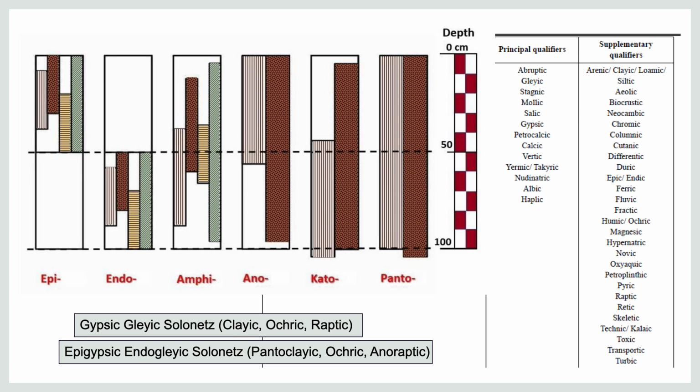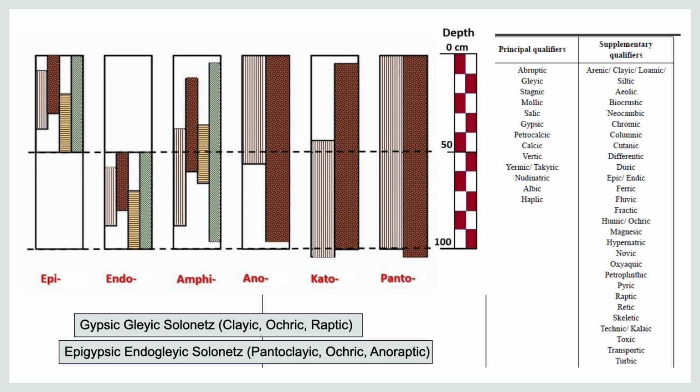So for example, if we have gleyic properties that start at 50 but end before 100, for example 90 or 80 centimeters, so it's an endogleyic. Okay, so epi starts at 0 or after 0 and ends at 50 or before 50. Endo starts at 50 or after 50 and ends at 100 or before 100.